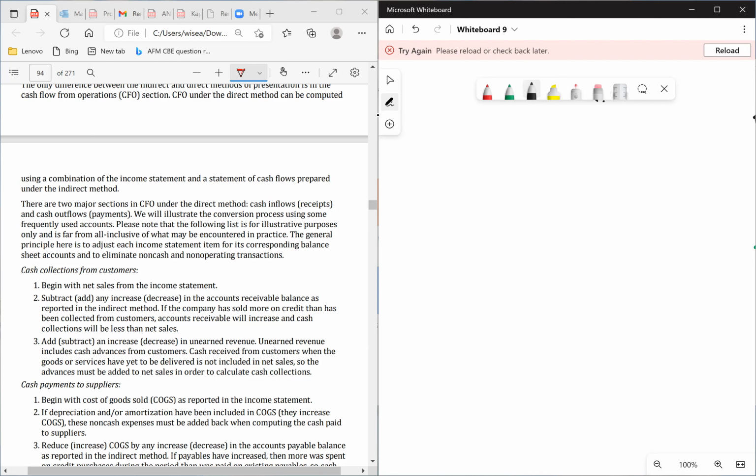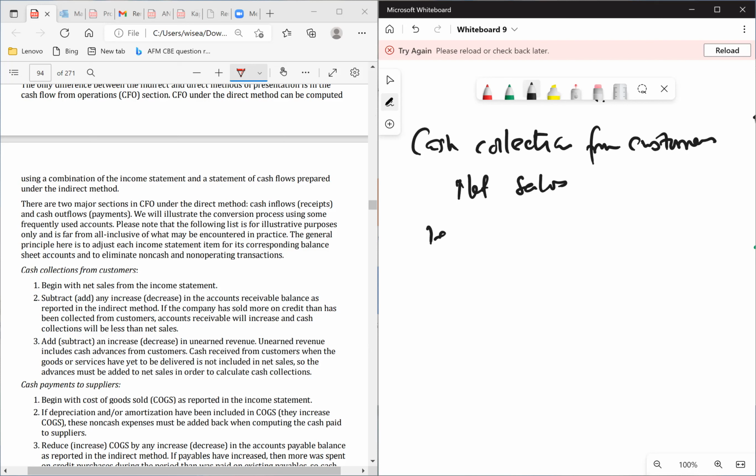So cash flow, cash collection from customers: net sales, and then you subtract increase in receivables, because it means that they sold but did not get paid.